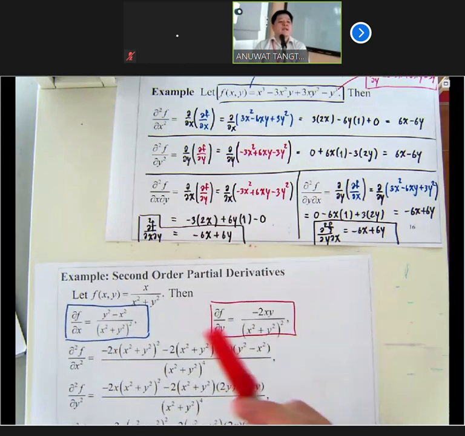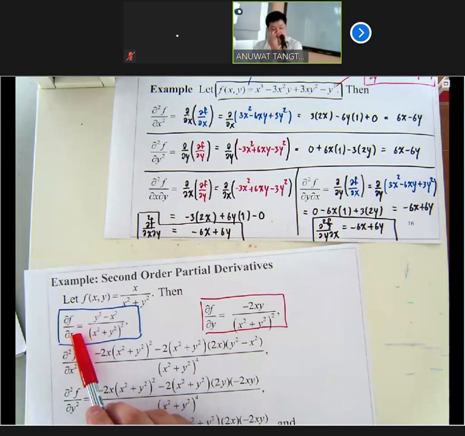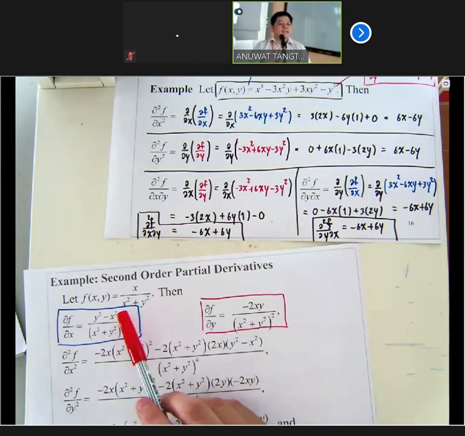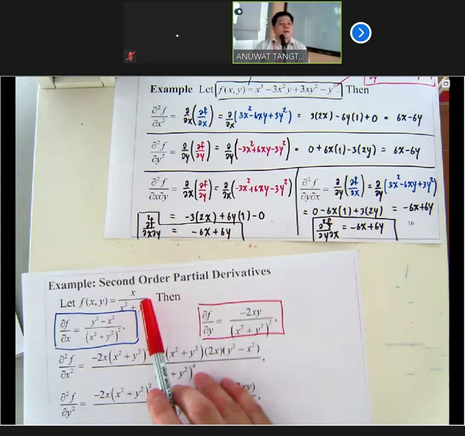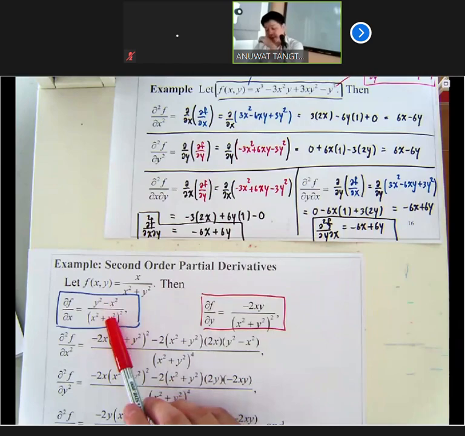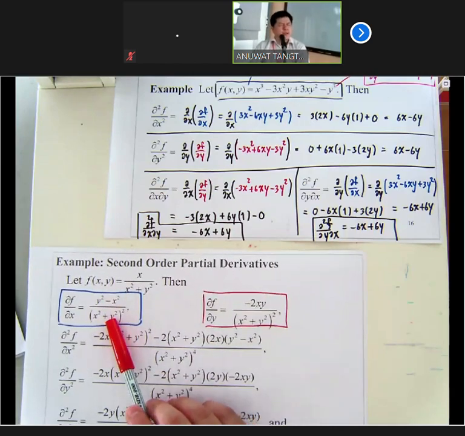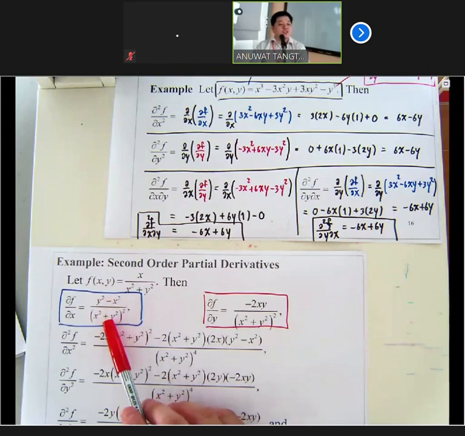D square f by dx square, that means we take the derivative with respect to x of the blue one here. You can see that both of these contain x, so both the denominator and numerator contain x, so this is the quotient of two functions of x.